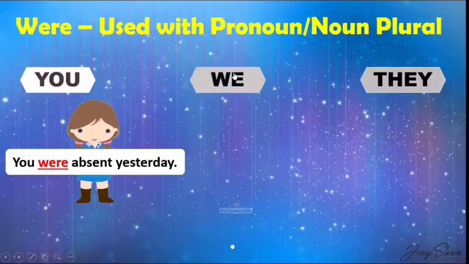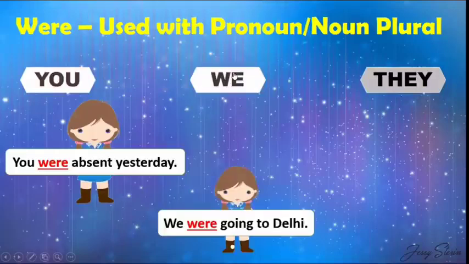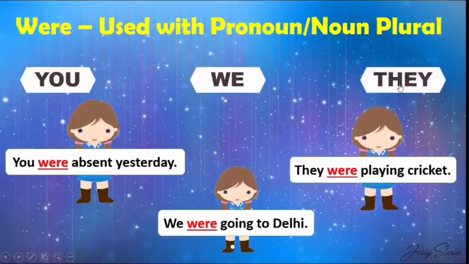Next is we. We are talking about plural. It's not singular. We were going to Delhi. It can be two people or it can be more than two people. So we are talking about plural. They, again plural. They were playing cricket. We are talking about many people over there.